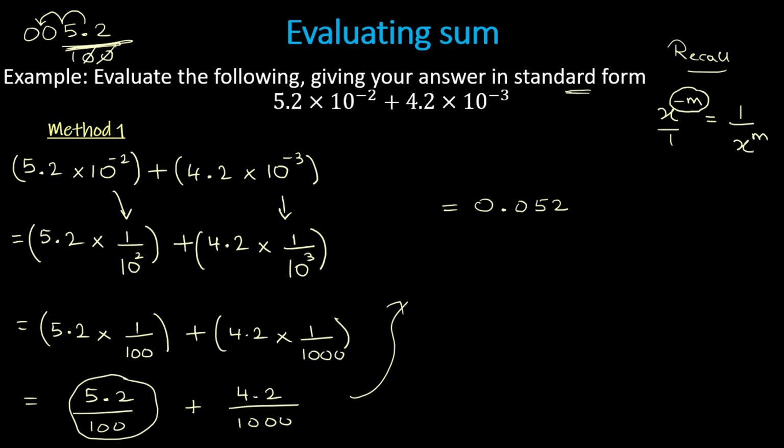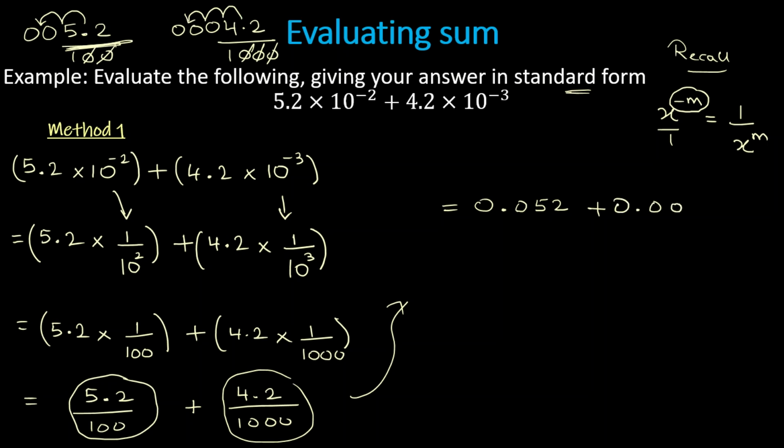Right? Plus I do the same for the second one. 4.2 over 1000. Let me include some zeros. 1, 2, 3. I move by 3 decimal places. So it is 0.0042.